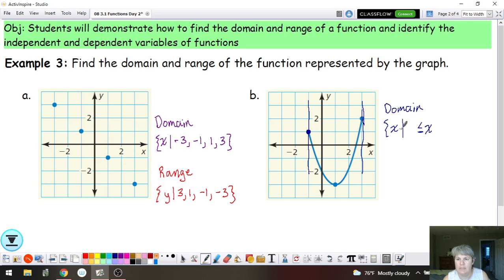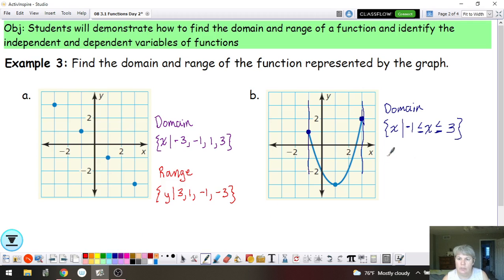Because it's filled in, because it's solid, we have this equal to -1. But this x is also less than, because it's to the left of 3. It's less than or equal to, because it's filled in, I need this equal to positive 3. So that would be my domain.